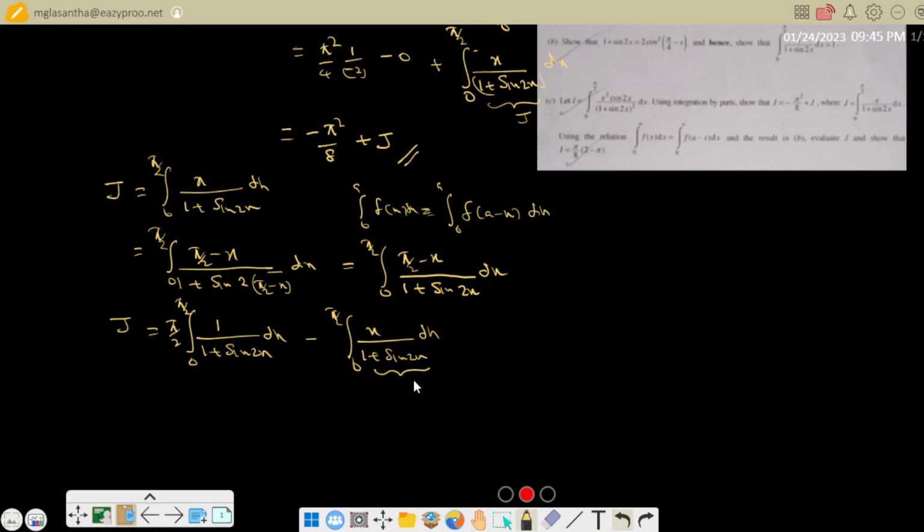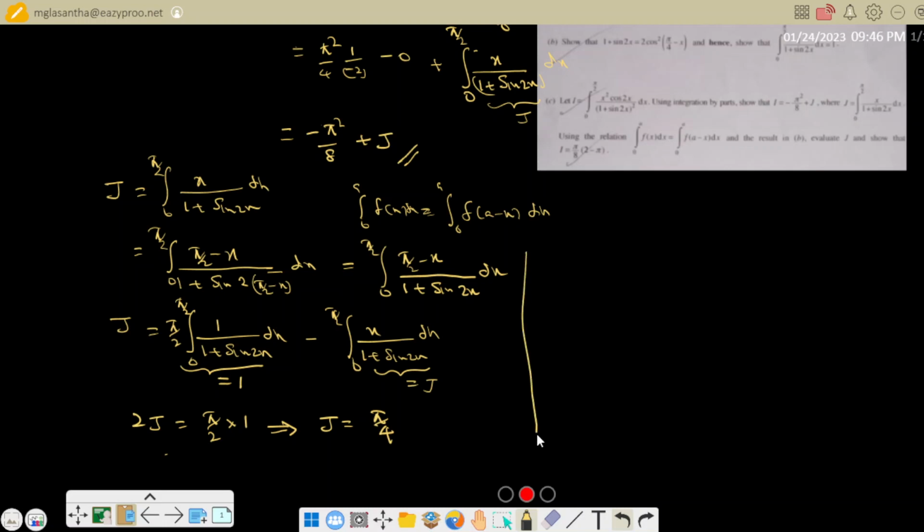So this is J again. Therefore 2J equals pi by 2. But from part B, you have the value of this integral is 1. So pi by 2 into 1. Then J equals pi by 4.